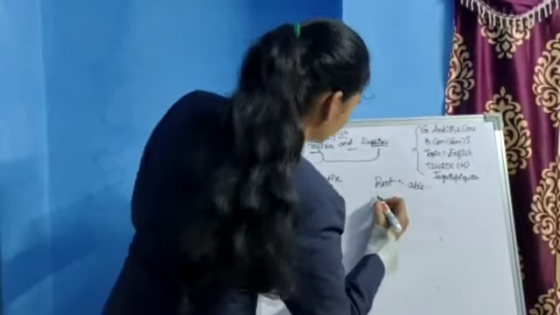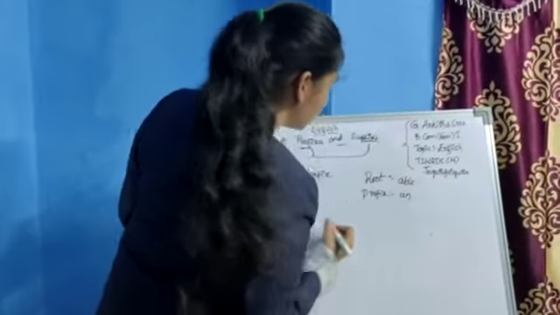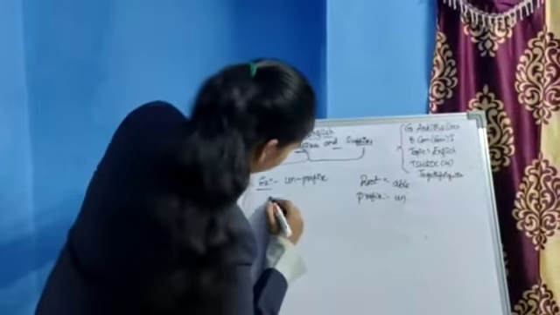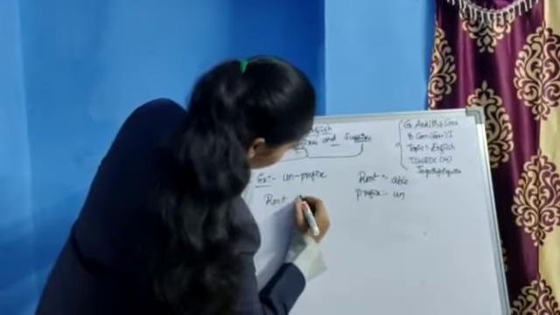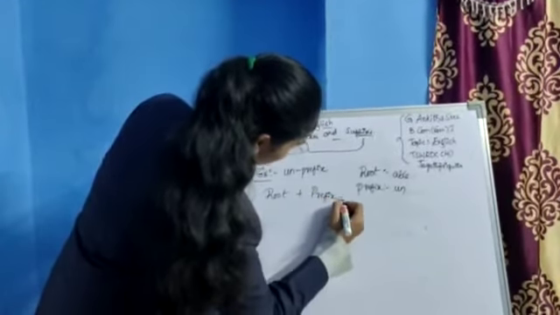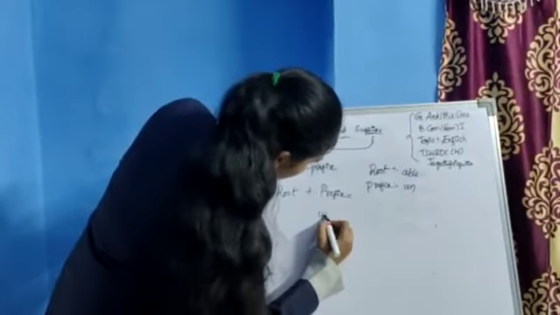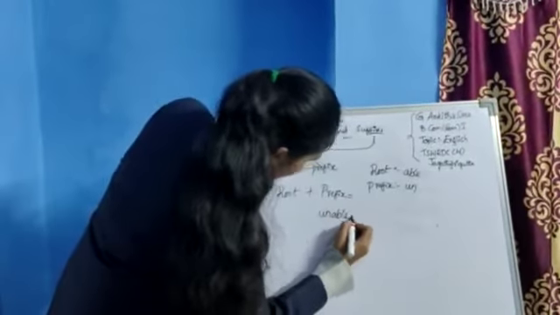What is the prefix here? Prefix is UN. So root plus prefix gives rise to unable, right?